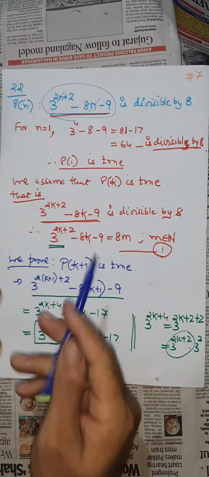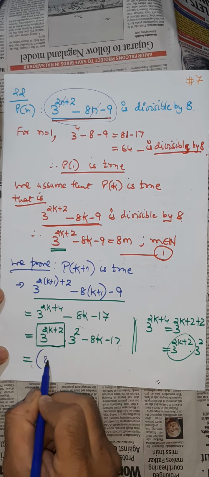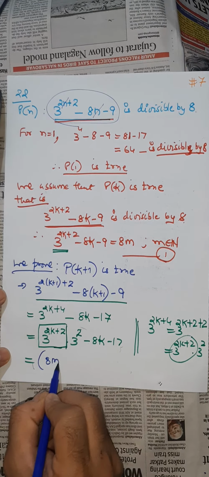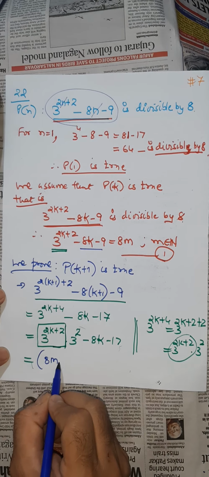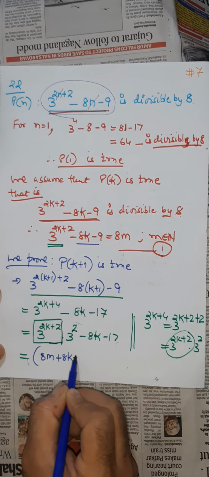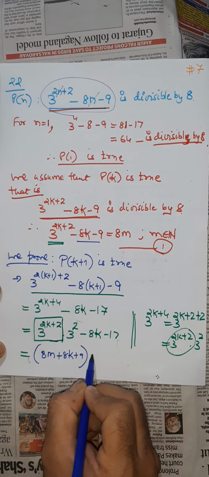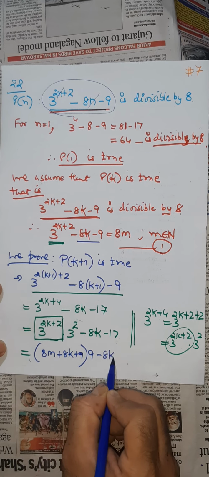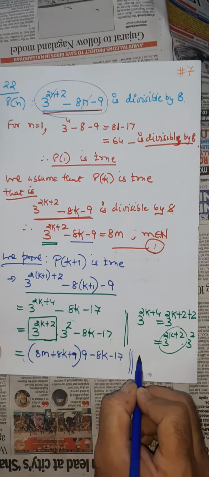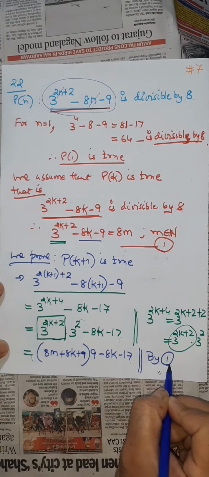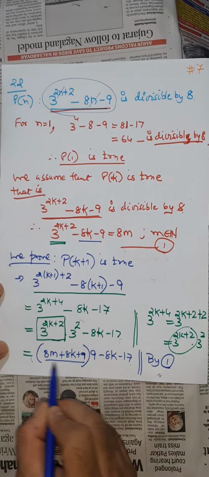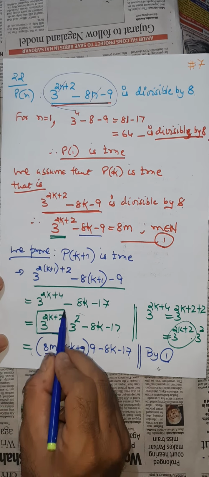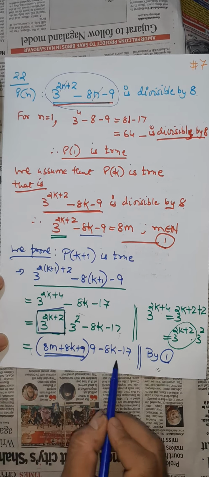So by 1, what will you get? Your 8m, this 2 on the other side, plus 8k plus 9, into this 9 as it is, minus 8k minus 17. I'll write it just by 1 here. This is because of 1, the value of this expression, this much.